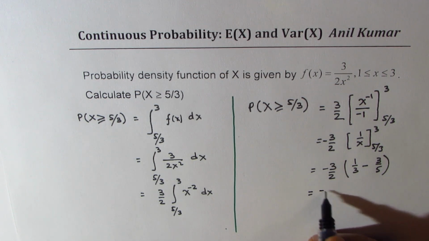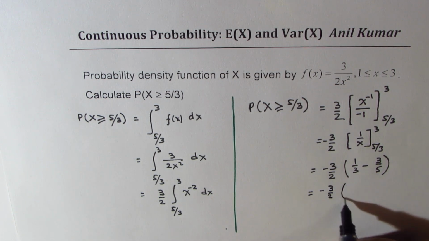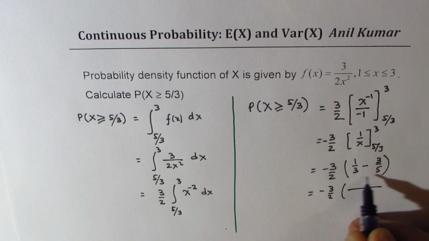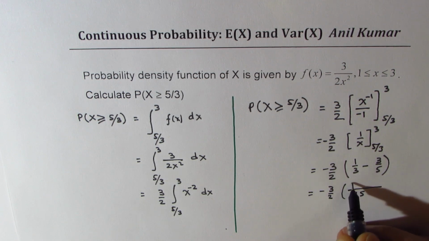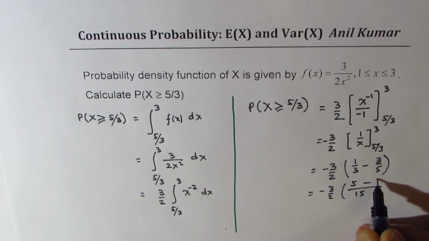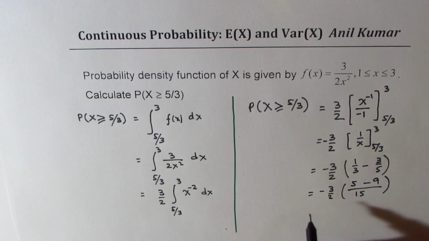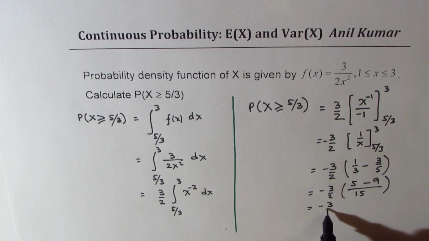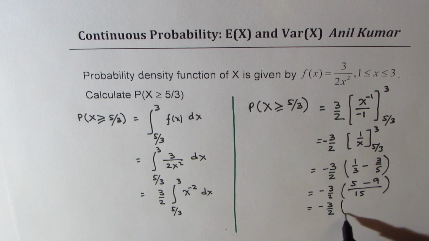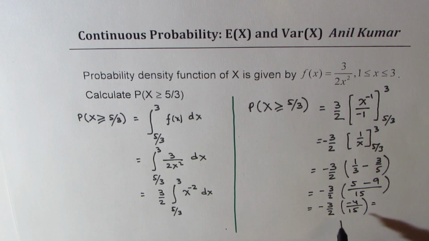So that gives you minus 3 over 2, common denominator being 15, we get 5 minus 9. So that is minus 3 over 2, and here we get minus 4 over 15. Minus and minus becomes plus.